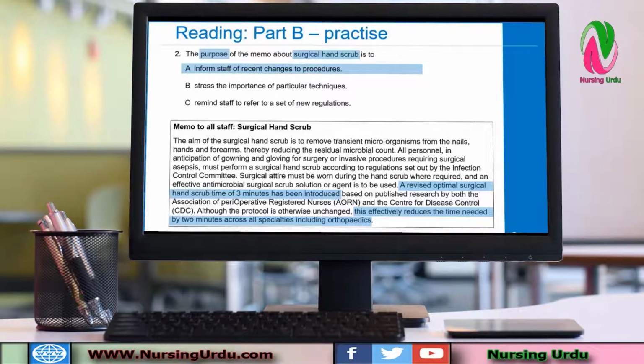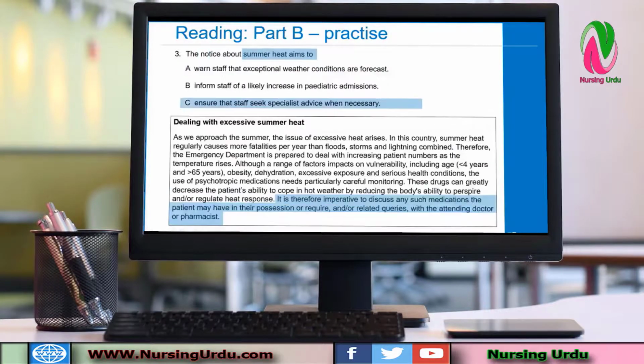So saying otherwise unchanged means apart from the revised optimal surgical hand scrub time of 3 minutes. Apart from that, everything is unchanged, except for the new timing of how long to wash your hands for. Is that clear? Okay, no problem.